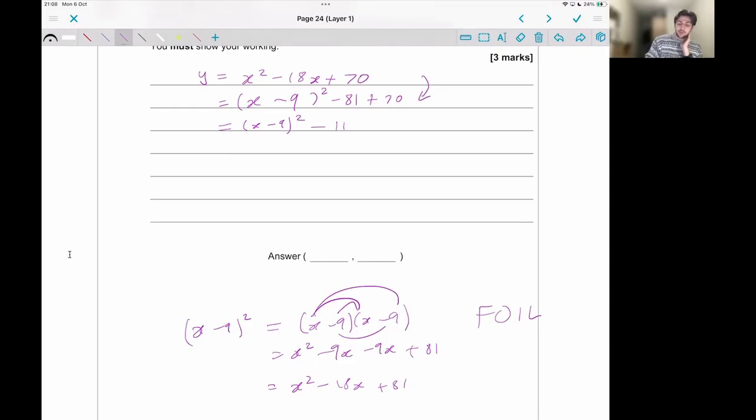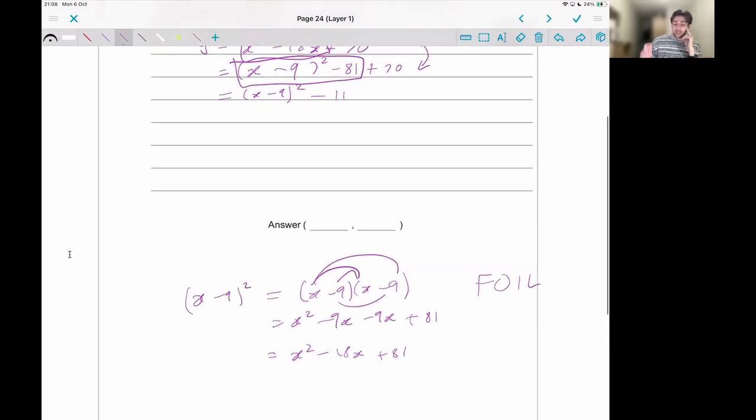So you can see if we're trying to make just this, then when we write this, we actually have 81 too much. So we've got to get rid of the 81 to make sure that this is actually equal to this.